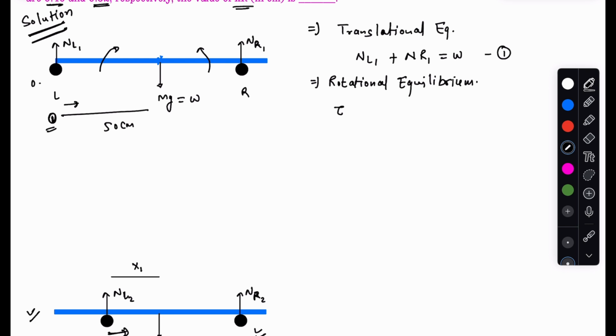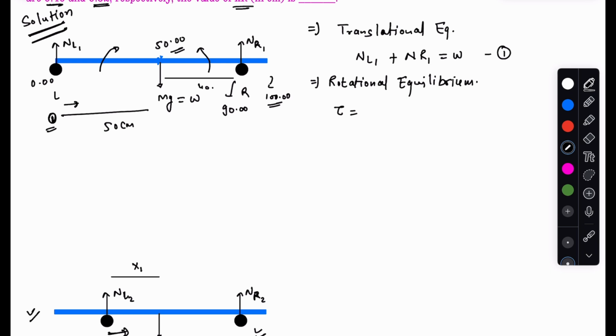The distance here is going to be 50 centimeter, because from the center it is at 0 0, the readings are 0 0, and the center of gravity will always be at 50 centimeter whether we apply the normal anywhere. And this is 90 centimeter, 90.00 they have given in the question, and this is 100. Because it is a meter scale, I am taking it in centimeters. So this becomes 40, yes. Torque: nl1 is applying a clockwise torque.